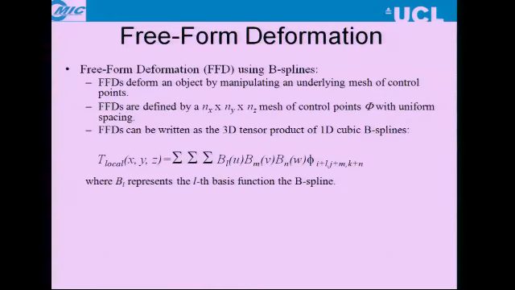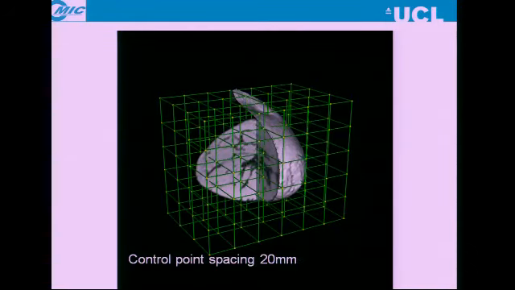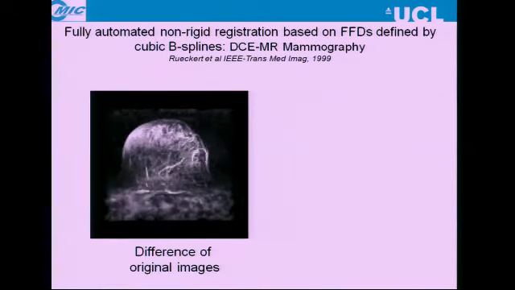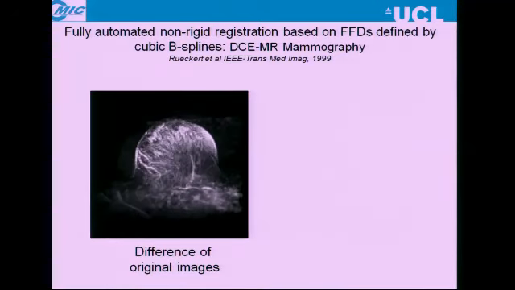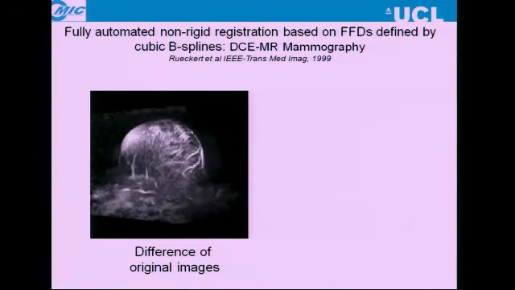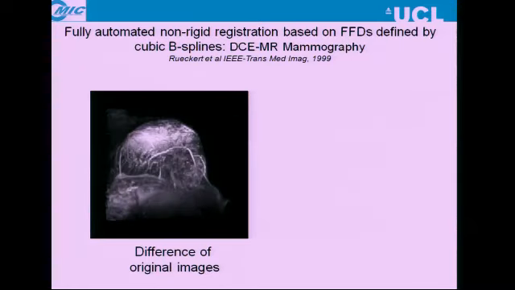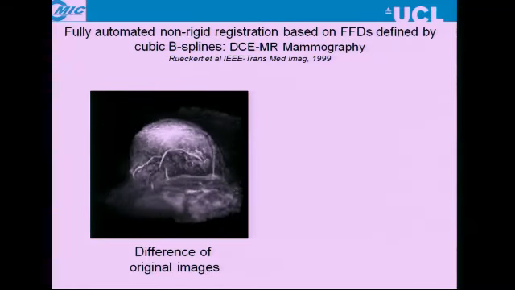This is just showing one version using a B-spline representation for the deformation field, and you do it in a hierarchical way. We have a control point spacing of 20 millimeters, 15, 10, and here we see diffusion contrast enhanced MR mammography.